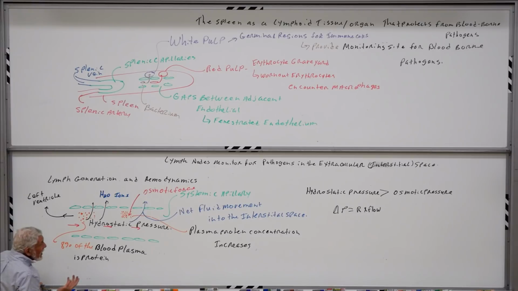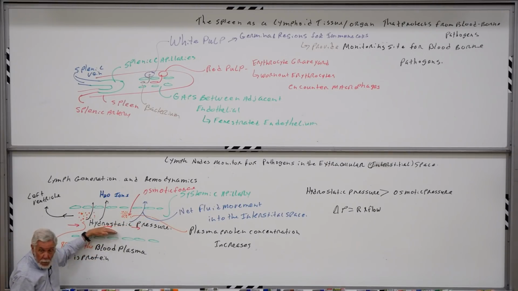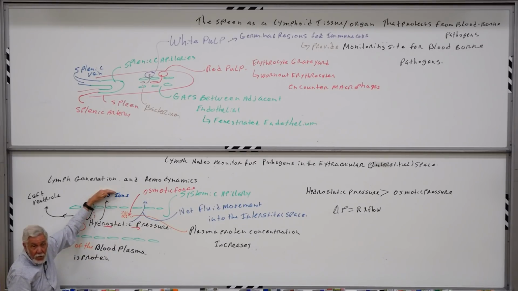Well, I think you can see, if this is all there were to it, if you had a hydrostatic pressure being greater than an osmotic pressure, and you had a net movement of fluid from the blood vascular compartment into the extracellular space, that you'd collect fluid out into the extracellular space. So you need to have a drain. You need to have some kind of a return system.